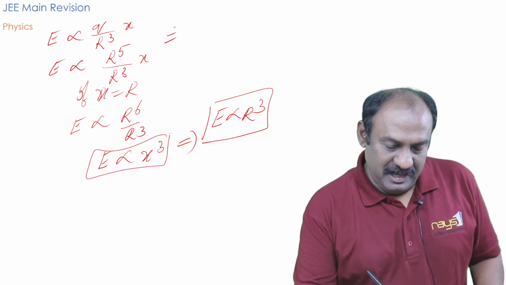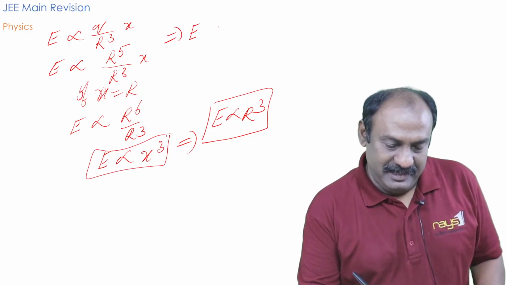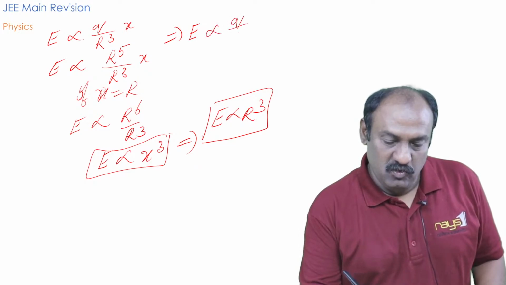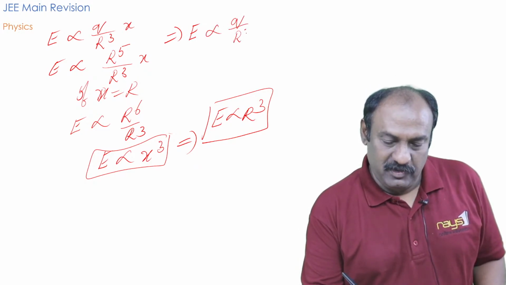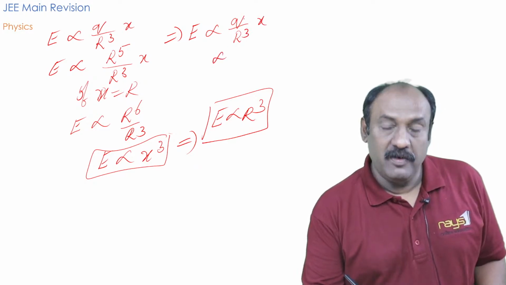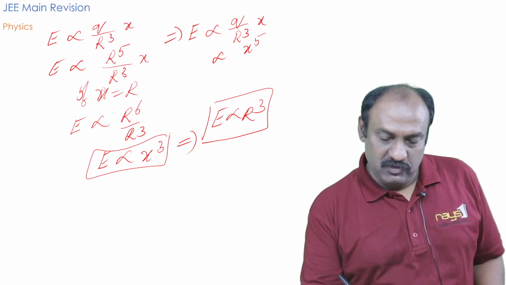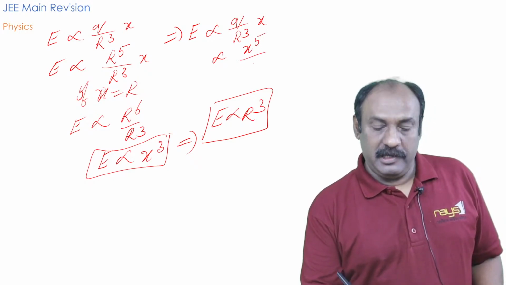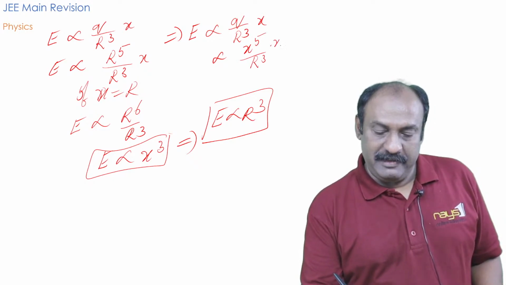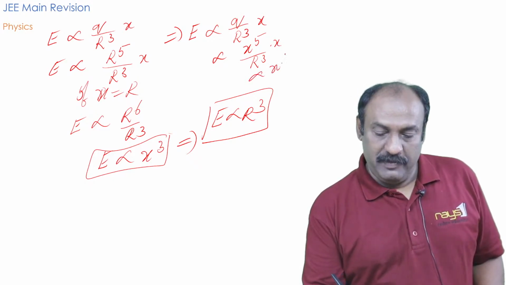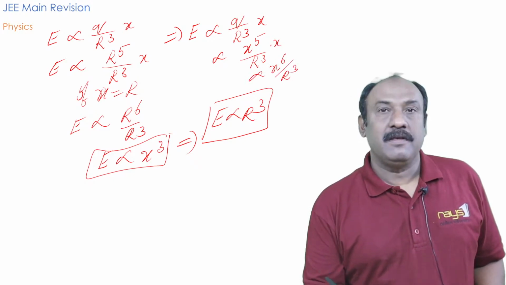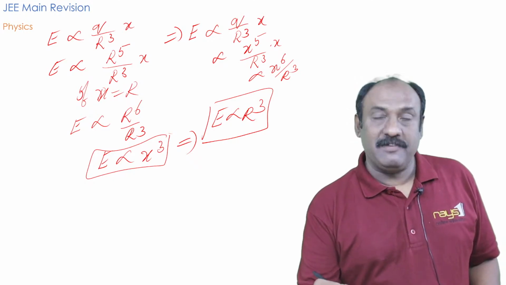So from this I rewrite the equation as E directly proportional to q by R cubed into x. So q as a function of x is x to the power 5, by R cubed into x. So that is x to the power 6 by R cubed. So this R is also taken as a function of x.